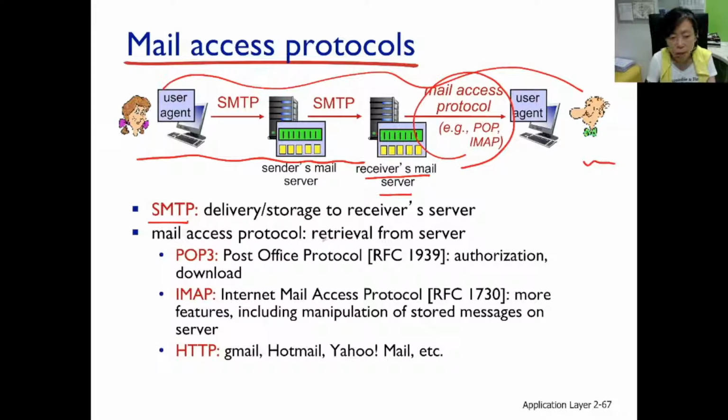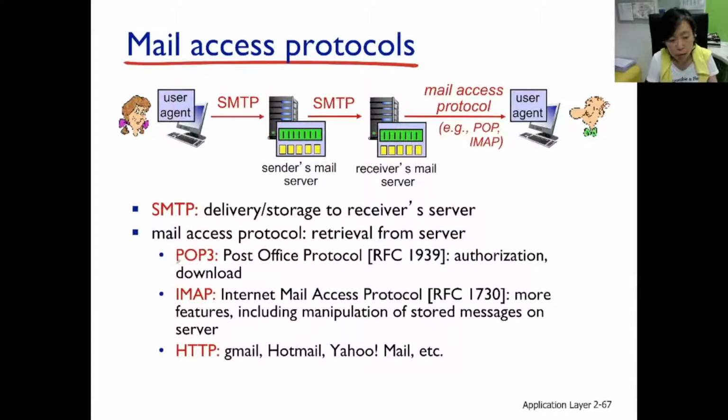So what it does is to allow the receiver to retrieve email from its local server. There are three very popular mail access protocols: POP3, Post Office Protocol, IMAP, Internet Mail Access Protocol, and HTTP. These two, you can see that they are more specifically defined for the purpose, allowing a receiver to retrieve email.